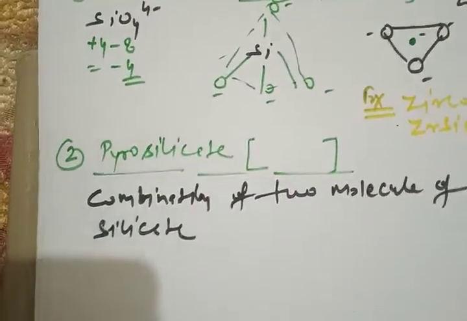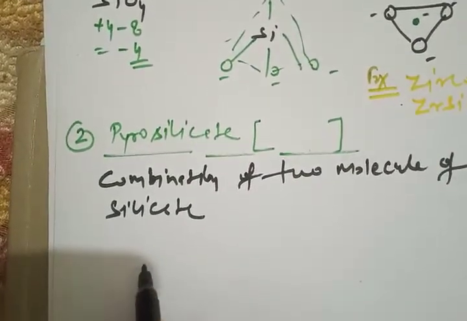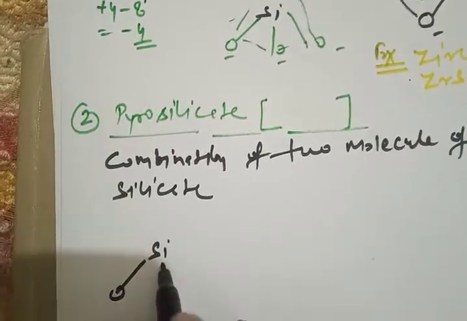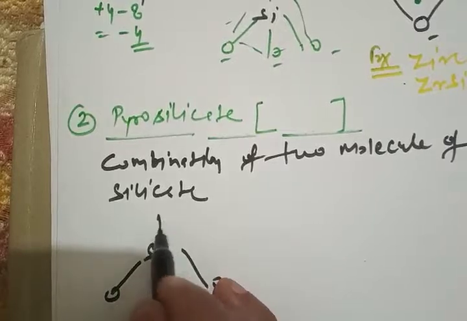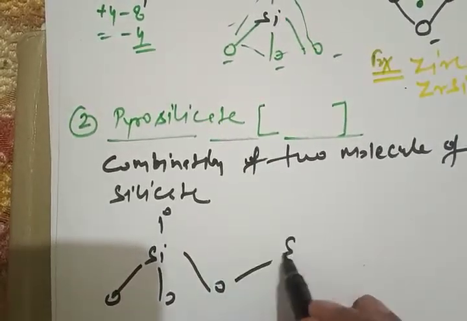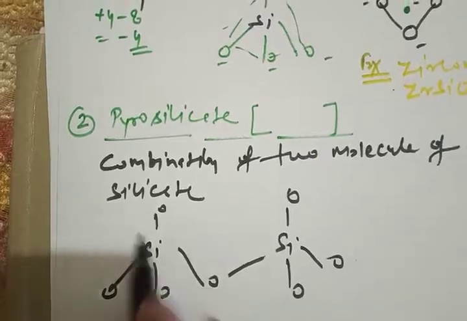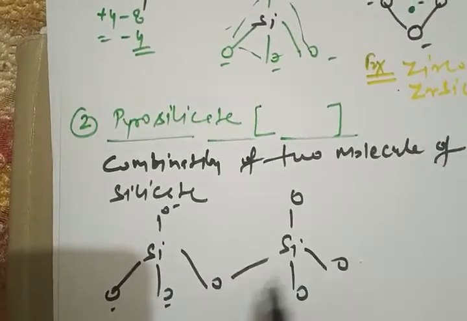So the two Si, one oxygen, another oxygen, and this oxygen is combined with another silicon. So this will be this oxygen, and this oxygen. So this is the negative charge.